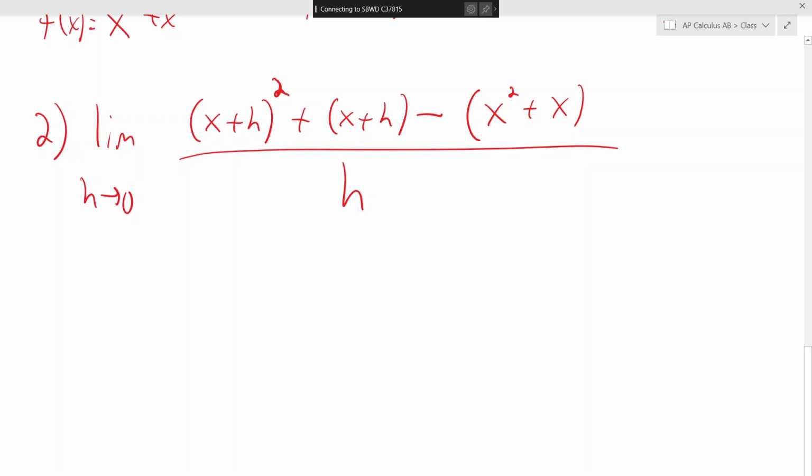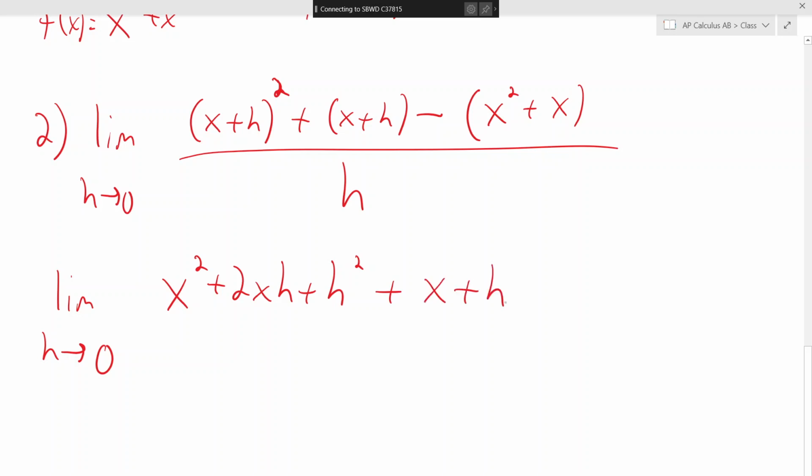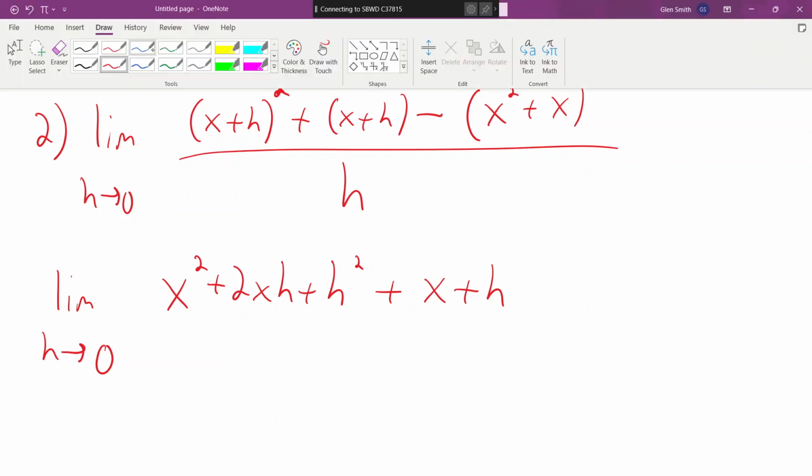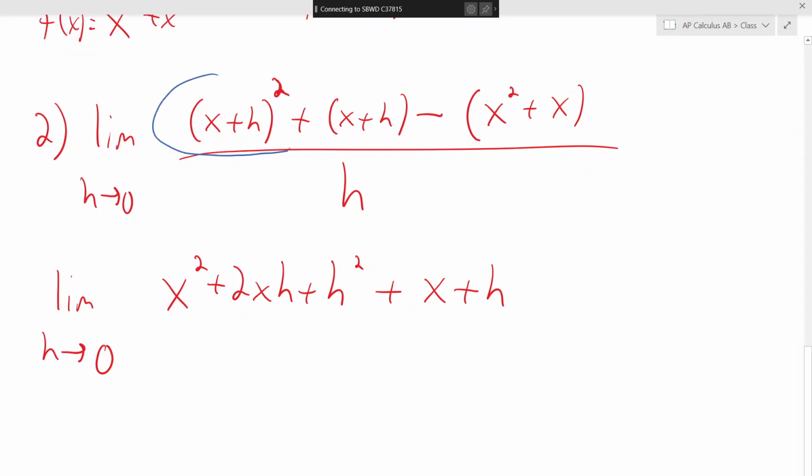Okay? So we all know, this is, again, a common thing, just from algebra class, x plus h squared is x squared plus 2xh plus h squared. That right there is the same. Hold on, let's color code. This is the same as this.